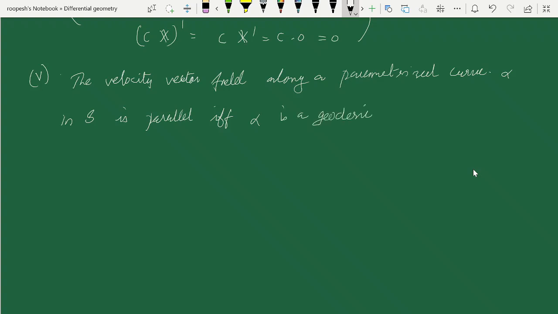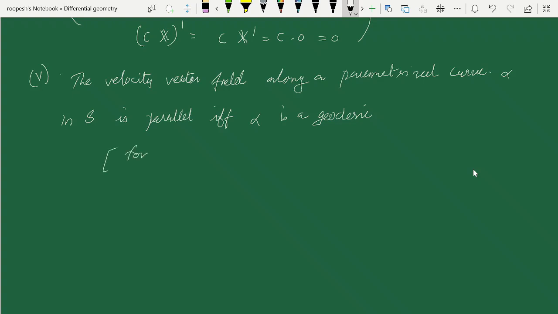So what this means is the velocity vector field along a parameterized curve alpha in S is parallel, that is Levi-Civita parallel, if and only if alpha is a geodesic. So how to prove this?